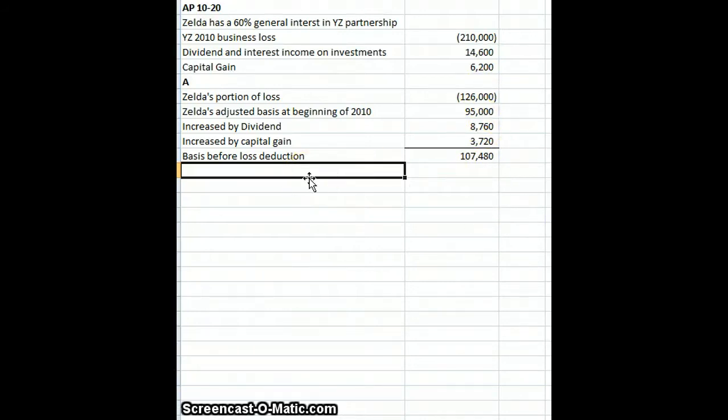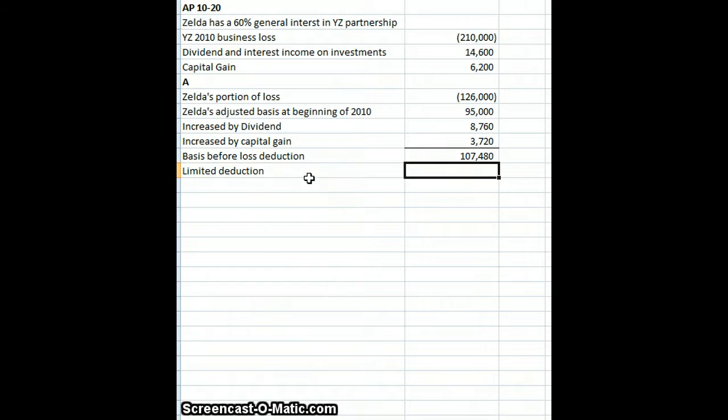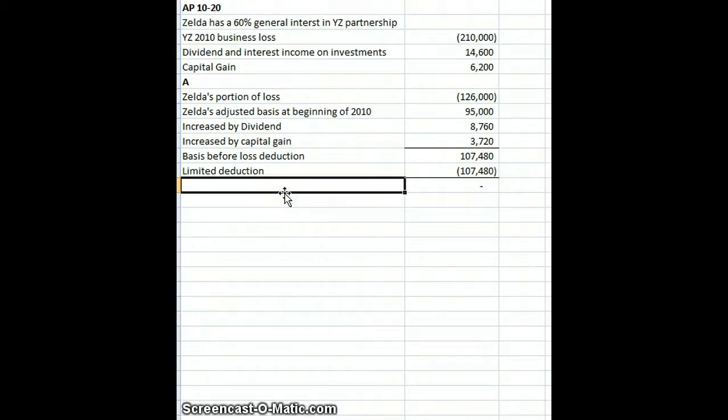So our limited deduction is going to be only equal to our basis in our partnership. So at the end of the year, my adjusted basis is going to be 0.